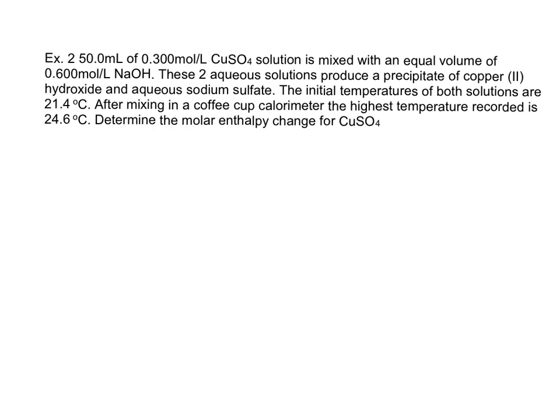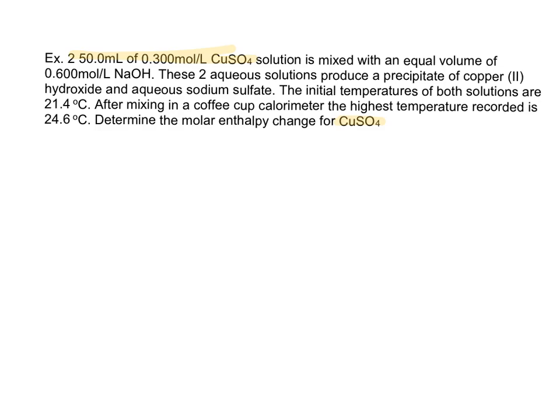So in this question, you'll notice they specifically told you which compound they want you to use in terms of your molar enthalpy. So that is going to be our system. So our moles for our system are going to come from copper 2 sulfate.